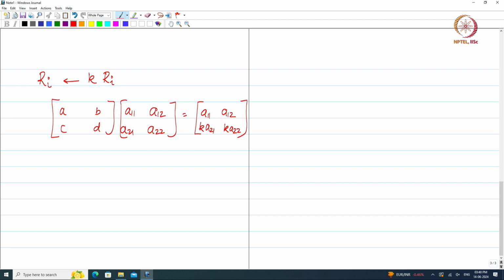Suppose again we go to the form of the identity matrix. What are we going to get? If you multiply this, you are going to get A times A11 plus B times A21 is equal to A11, and A times A12 plus B times A22 is equal to A12.